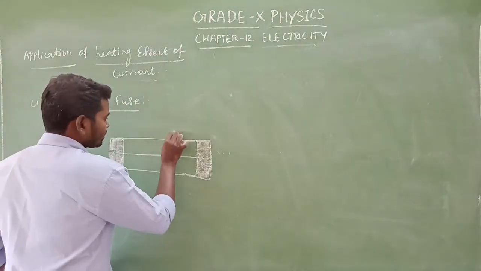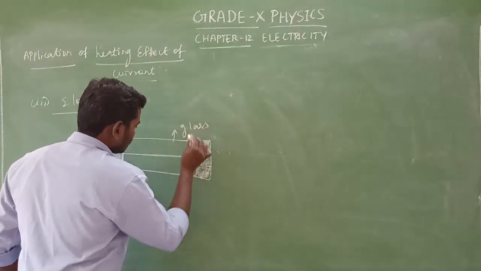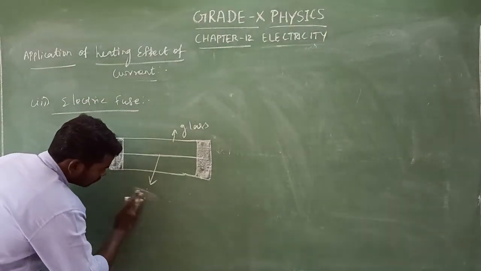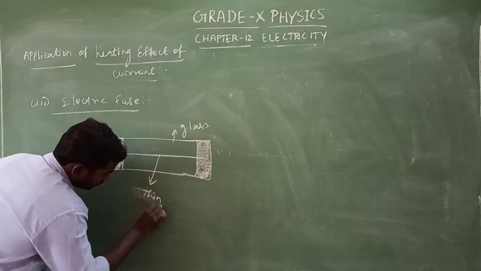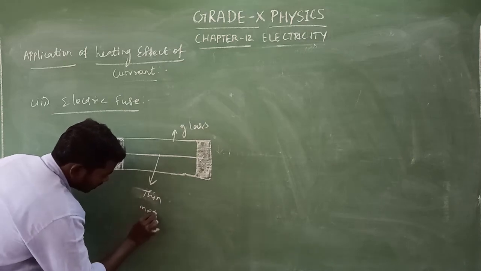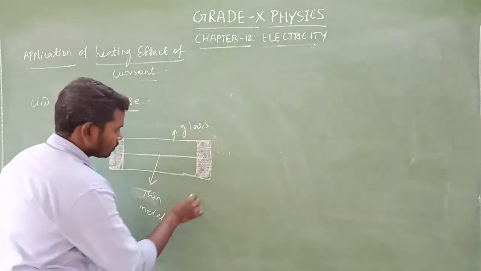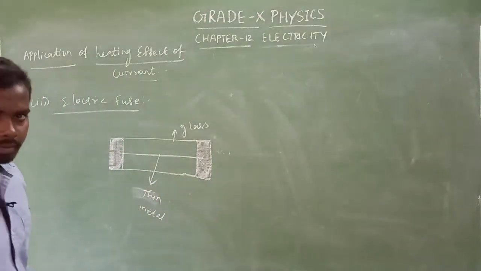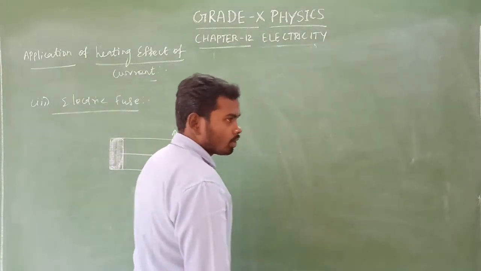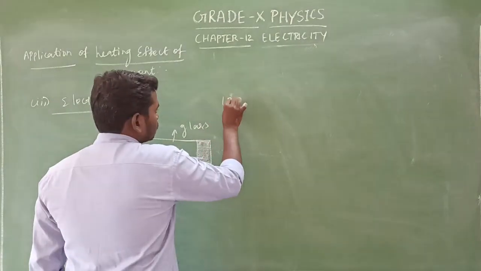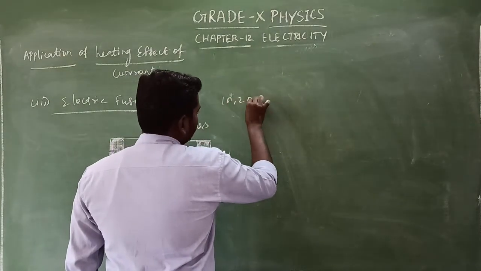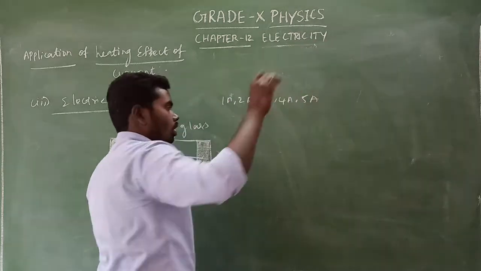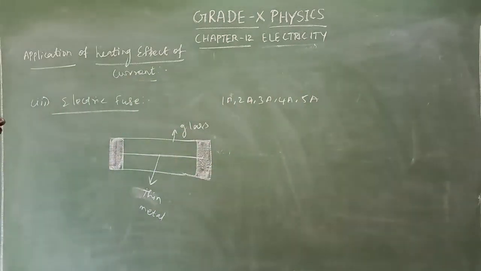This is glass. This is thin metal, or otherwise we can say conductor. So this is the fuse structure. You might have seen a 1 ampere fuse, a 2 ampere fuse, a 3 ampere fuse, 4 ampere fuse, 5 ampere fuse, and so on.